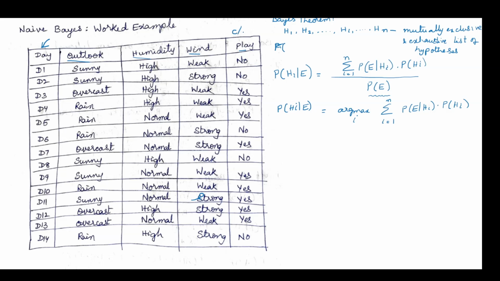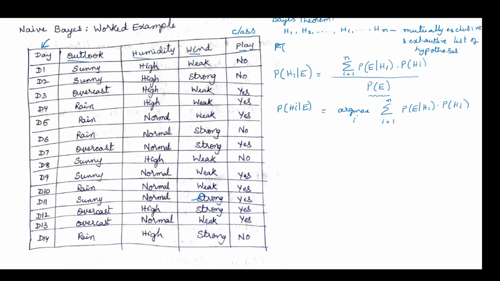So the class here is play, which takes on two labels, no and yes. At the same time, the non-class attributes or the descriptive attributes here, outlook takes values sunny, overcast and rain, whereas humidity takes values high and normal, and wind takes on values weak and strong.